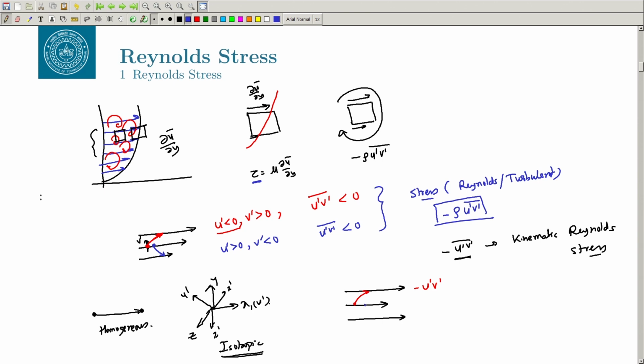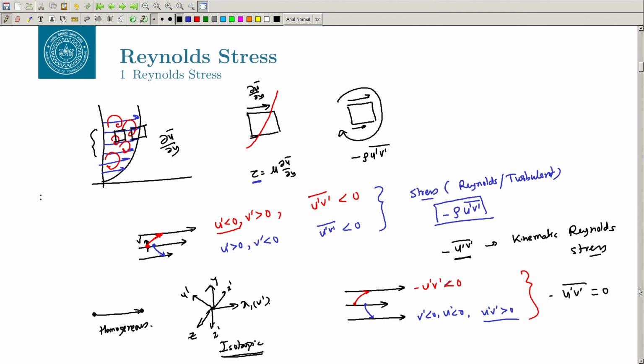On the other hand, if it goes from here to here, in this case your v prime is also negative and u prime also negative, because it is coming from a slower layer to the faster layer. So, in this case u prime v prime becomes positive, right. So, the top is negative, bottom is positive. If you take the statistical mean of all these u prime v prime, you will see that it will keep on cancelling out, and you will have u prime v prime bar equal to 0, or approximately 0.